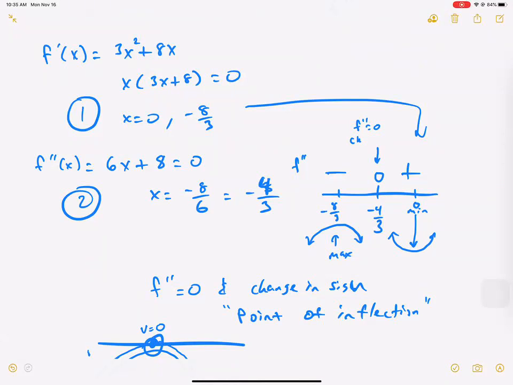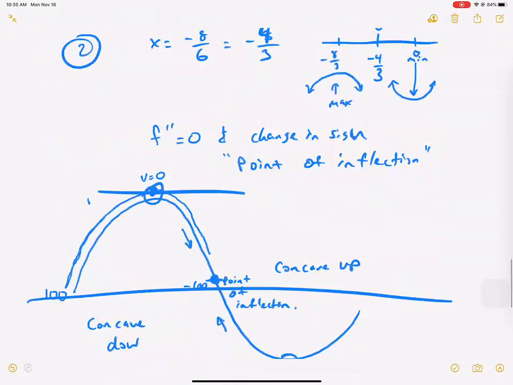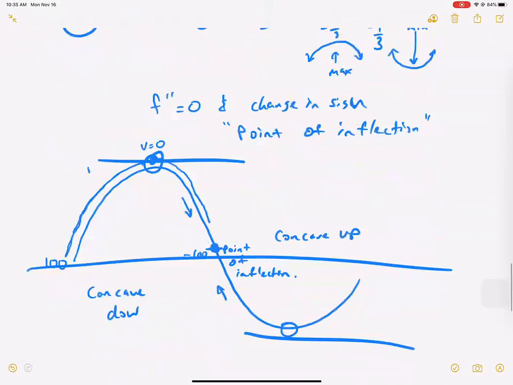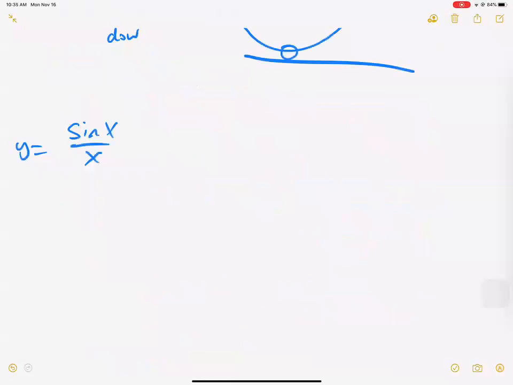If you guys remember the graph, let's see if we can do this one. Sine x over x. Guys remember this ugly little thing? The graph for sine x over x looks something like this, right? And we could say the limit as x approaches 0 doesn't exist as a value of the function, but it would be like 1.